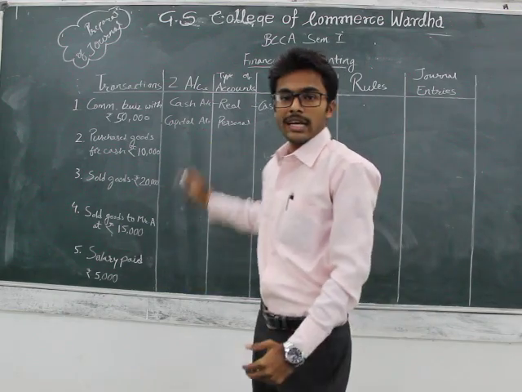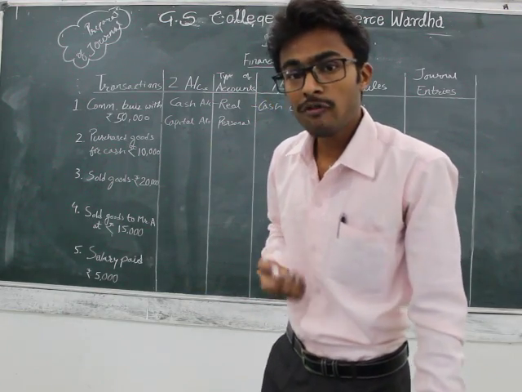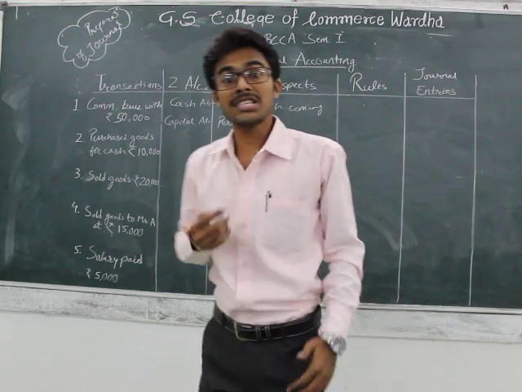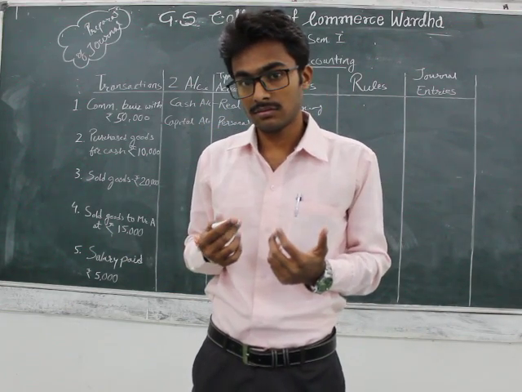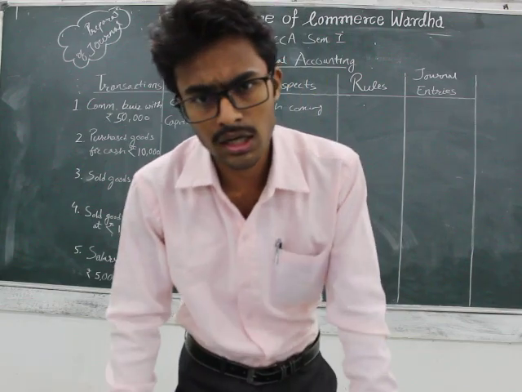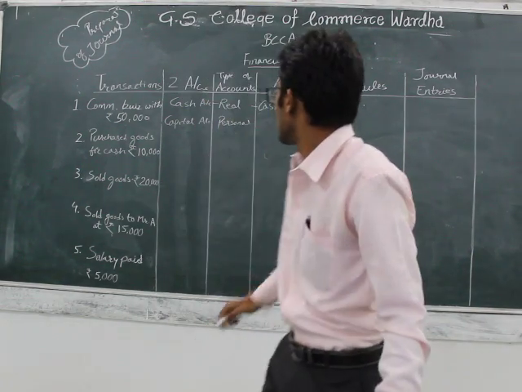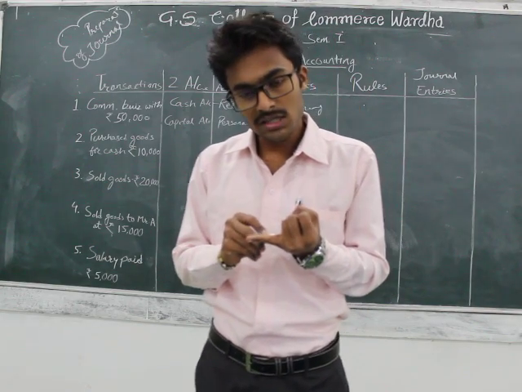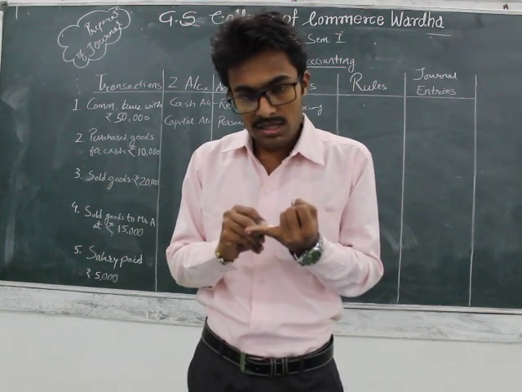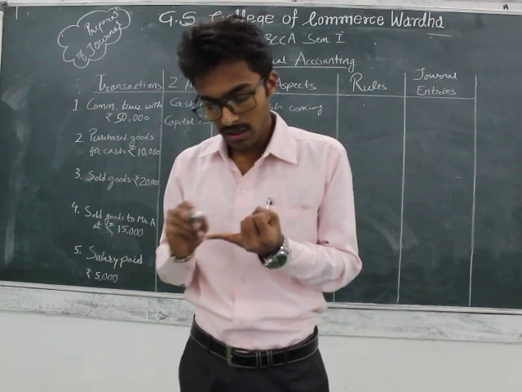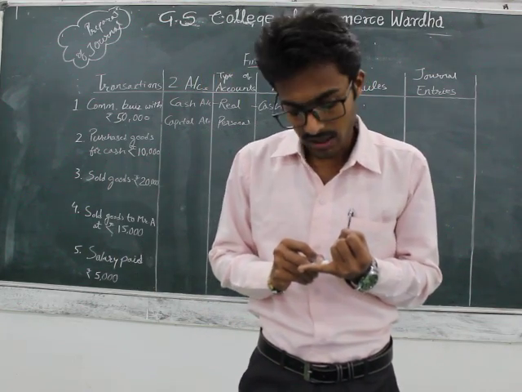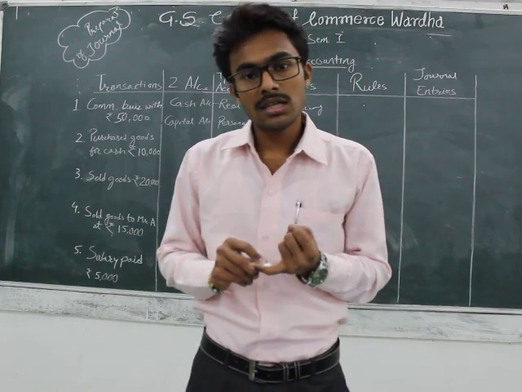Capital account means the name of the proprietor, the name of the business owner. Here, is the business owner a receiver or a giver? As per the golden rules of accounting, there are three types of accounts: personal, nominal, real. Nominal says expenses and losses should be debited and income and gains credited.